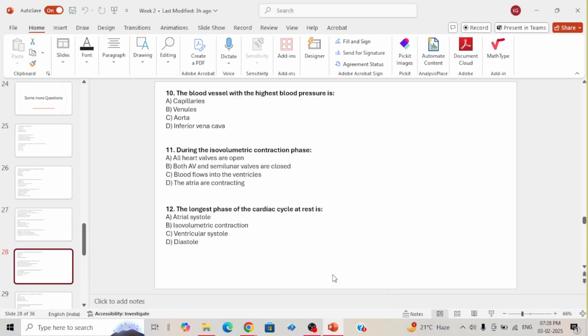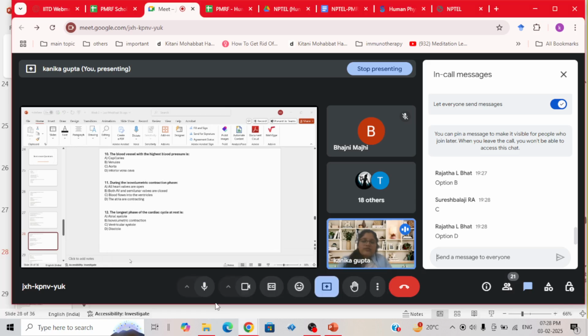The longest phase of the cardiac cycle at rest is. बताइए भाई. The longest phase of cardiac cycle at rest. If you have seen that graph properly, I think you can answer this question. Everyone. Option D. Other people, please, all you guys also participate.